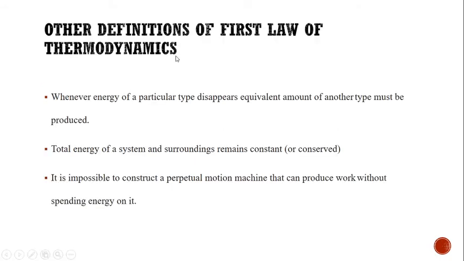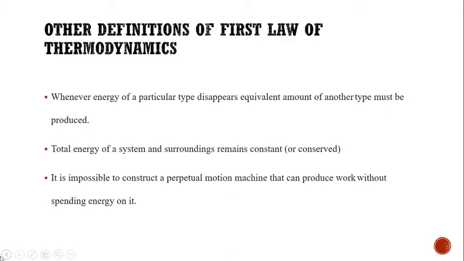Other definitions of the first law are also given below. The first law may be defined as: whenever energy of a particular type disappears, an equivalent amount of energy must be produced in order to balance the system. Moreover, the total energy of the system and surroundings remains constant whenever the system or surroundings move from the initial state to the final state.